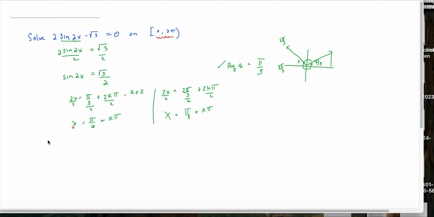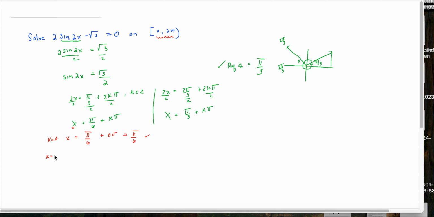So let's see. If we first think, okay, when k is 0, x is equal to pi over 6 plus 0 times pi, which is just 0. So that gives me pi over 6. Okay, so that's one solution.